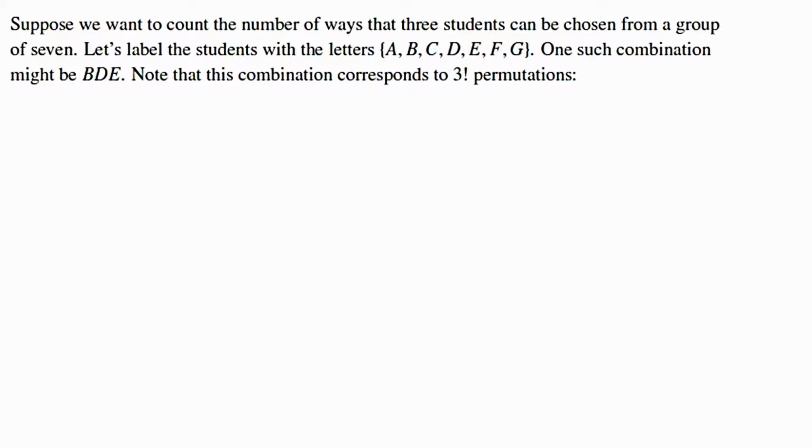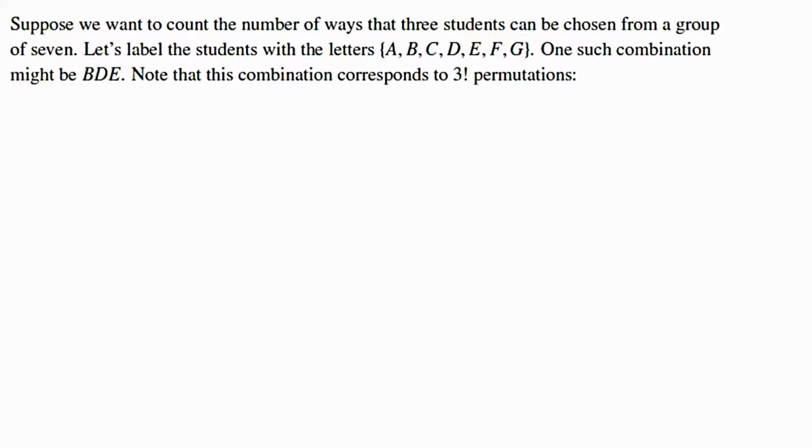I don't want that. Out of my total, I know that it has to be C amount of combinations where order doesn't matter. Now to make it the total, for every one of those combinations, there should be 3 factorial. For every combination you think of, and the combination I made up before was B, D, E, that's one combination. For that one combination, there are 3 factorial ways.